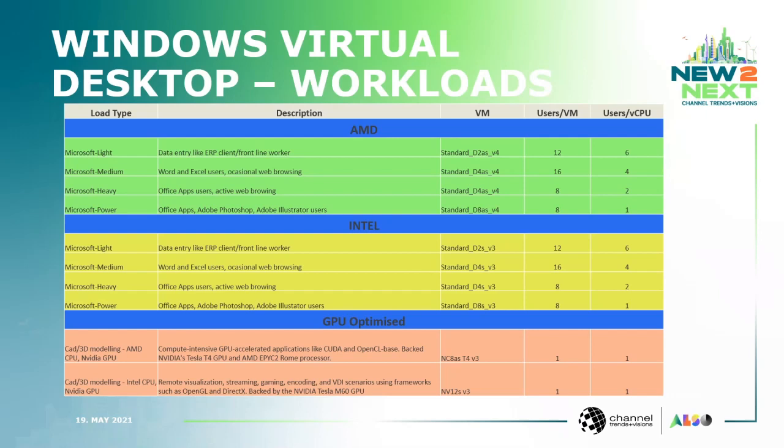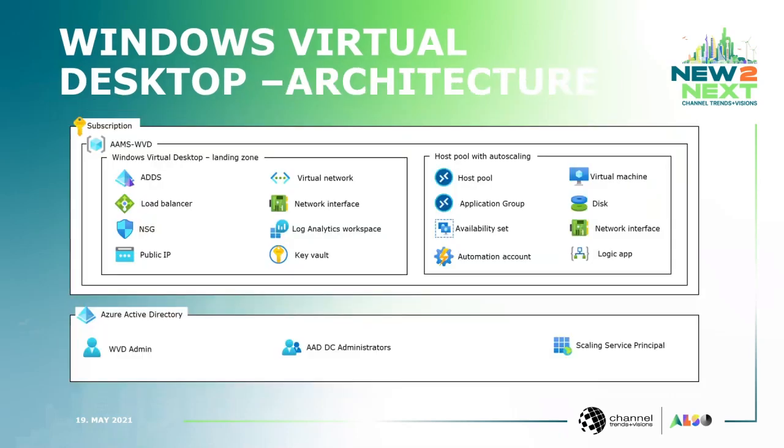As an example, there's Microsoft Medium, recommended for Word, Excel users, and web browsing, and this uses a special VM that's dedicated for this, in this case for 4 users. So you don't have to make this choice. It's done by us. You just have to enter the workload you want to go with and the amount of users, and everything else is done in the background.